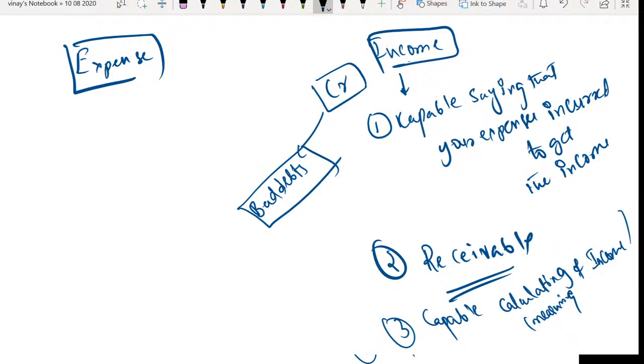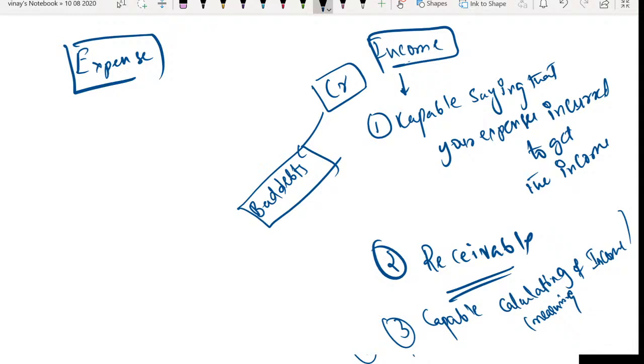Or I tell my friend that I'm going to sell my laptop, he agrees and takes the laptop, but I don't know exactly what amount I'm going to get from him. In that case, I cannot say that my sales are 50,000 or 60,000 because I don't know the amount I'm going to get. So unless you're capable of calculating the amount you're going to get, don't recognize your sale.